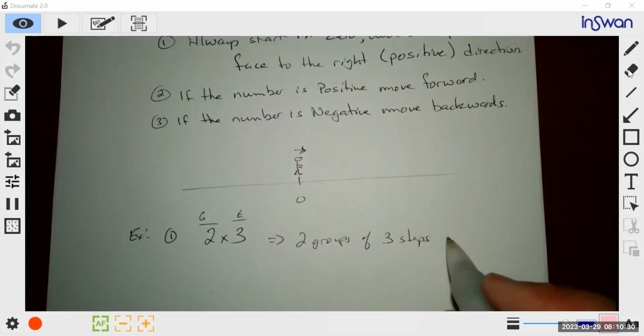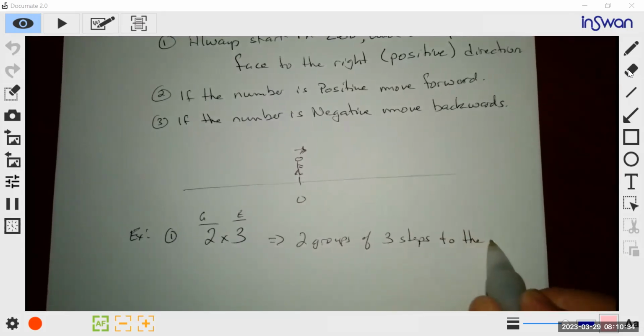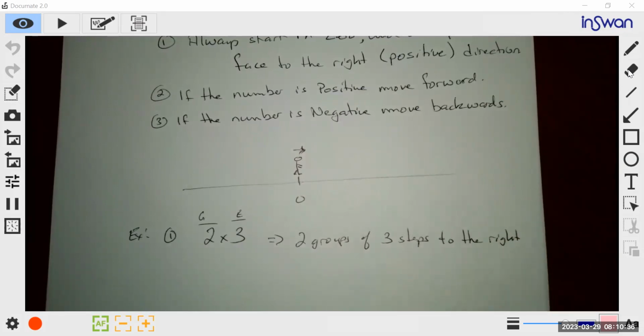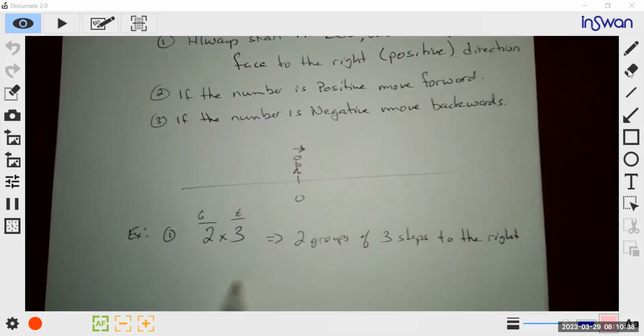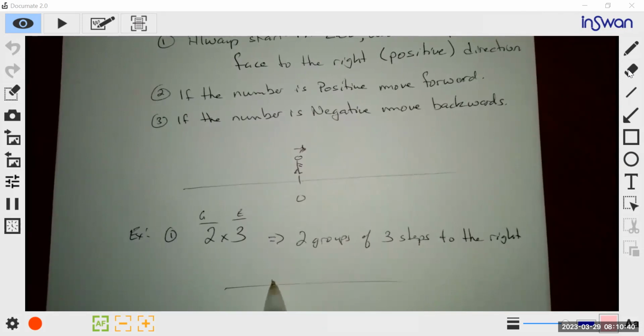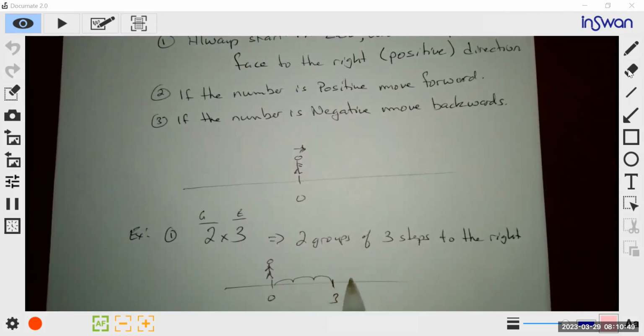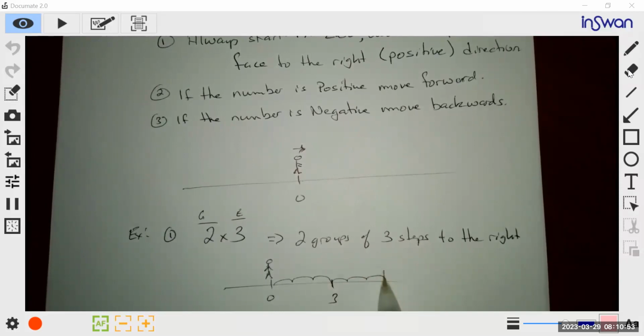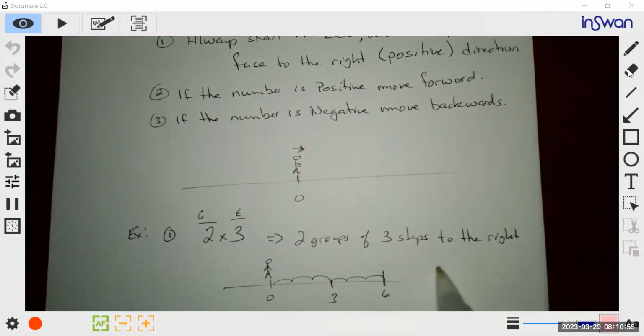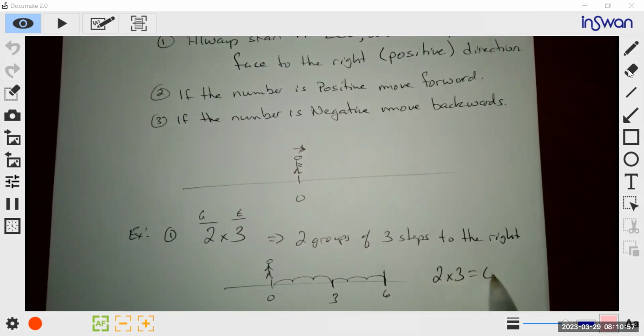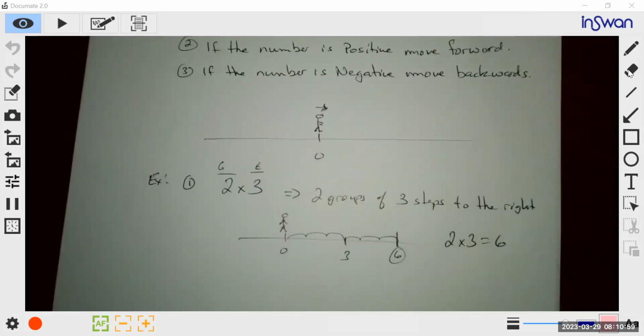Since they're both positive, to the right. So in this one, we have 0, 1, 2, 3. That's one group. 1, 2, 3. That's the second group. So 2 times 3 equals 6, where you end up.